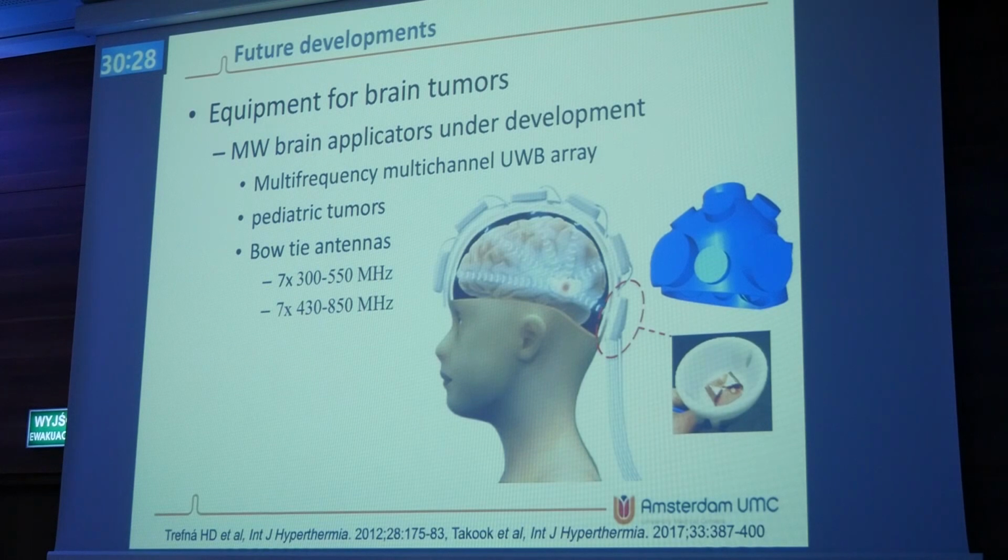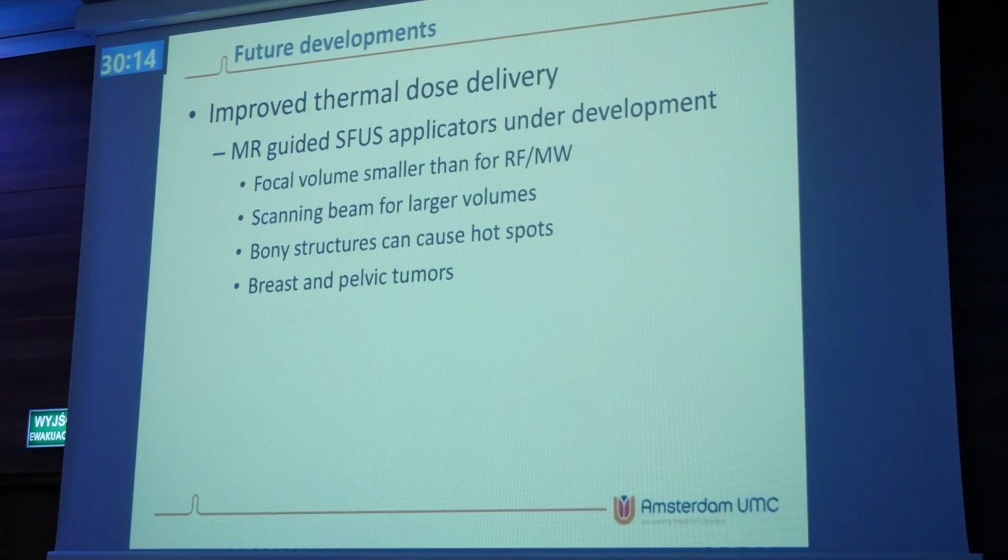And this is an example currently developed in Sweden, using a multi-frequency and multi-channel array of bow tie antennas. You could also go to an entirely different type of heating technique by going to scanned focus ultrasound. The advantage of that is that the focal region is way smaller for ultrasound than for electromagnetic techniques.